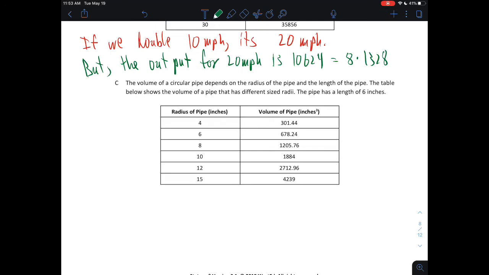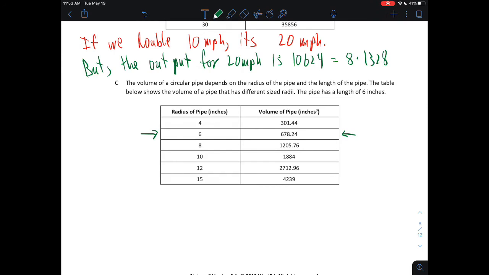Just like the last example, I'm going to pick a particular radius. So I'm going to pick radius of 6 inches, which has a volume of 678.24 cubic inches.